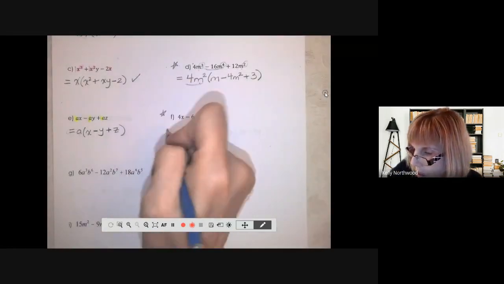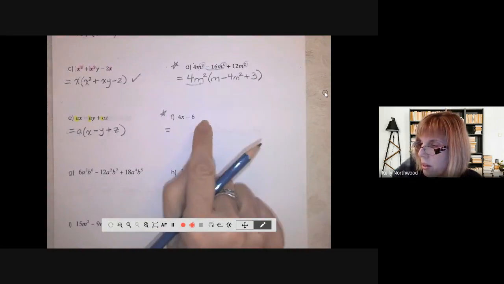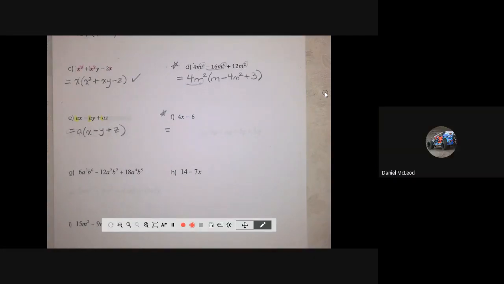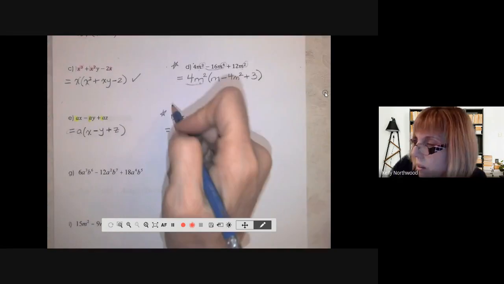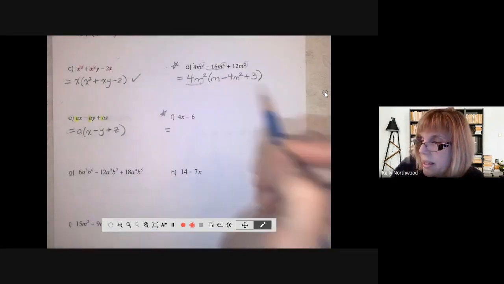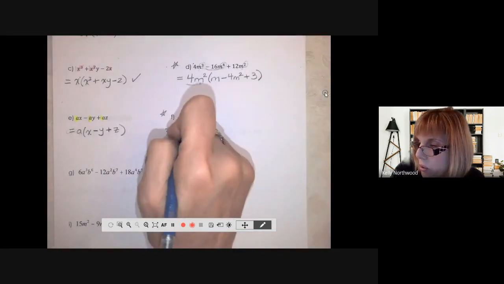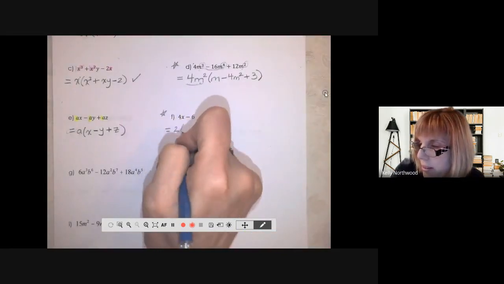I'm going to start this one too. Some people have trouble with this one. Could someone tell me what they think the greatest common factor for F is? 2. Yeah. Okay, so some people think 4 doesn't go into 6, and then they think, oh, the greatest common factor is 1, but it's not because 2 goes into both 4 and 6.